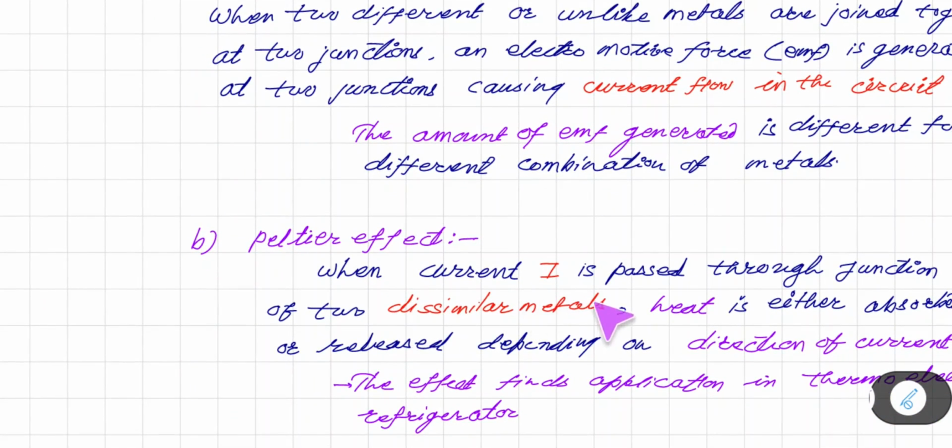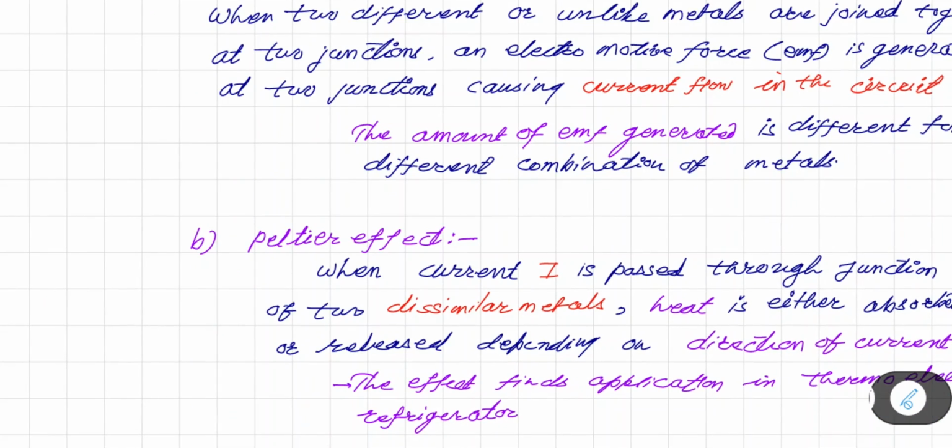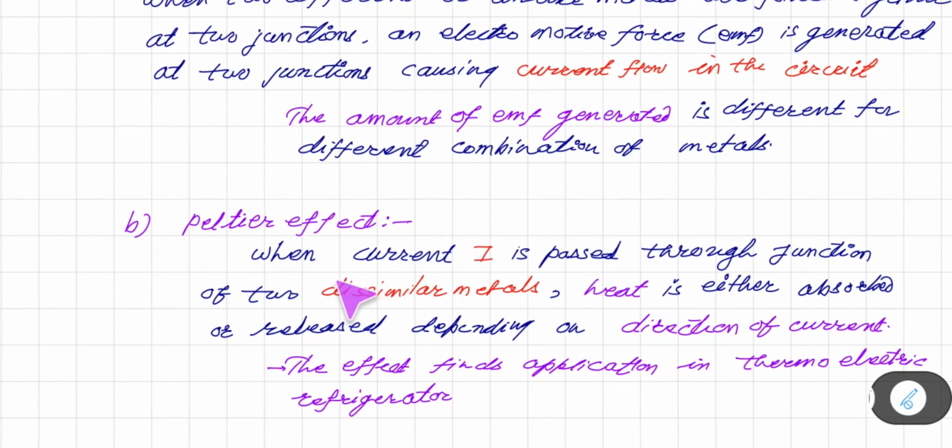Now the second is the Peltier effect. When current I is passed through a junction, in the case of the Peltier effect, remember that. Here it says that current I is passed through the junction of two dissimilar metals. There are two dissimilar metals and junctions, and if current is passed through it, the heat is either absorbed or released.